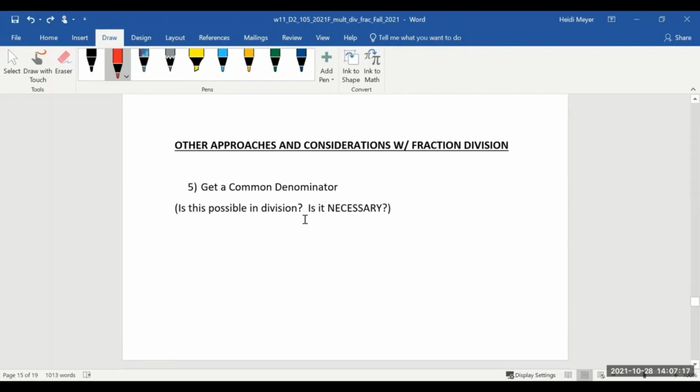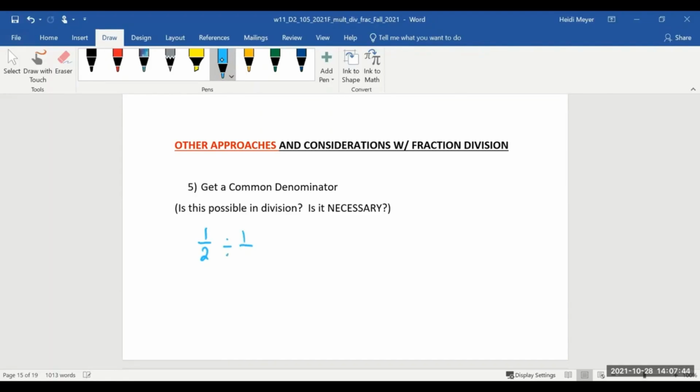Getting a common denominator. So I'm jumping to some other approaches here, kind of skipping over some stuff because of the time. It's not necessary, right? We've established that. We've been doing 1/2 divided by 1/6 like 3 times, and we never got a common denominator. But what if we did?